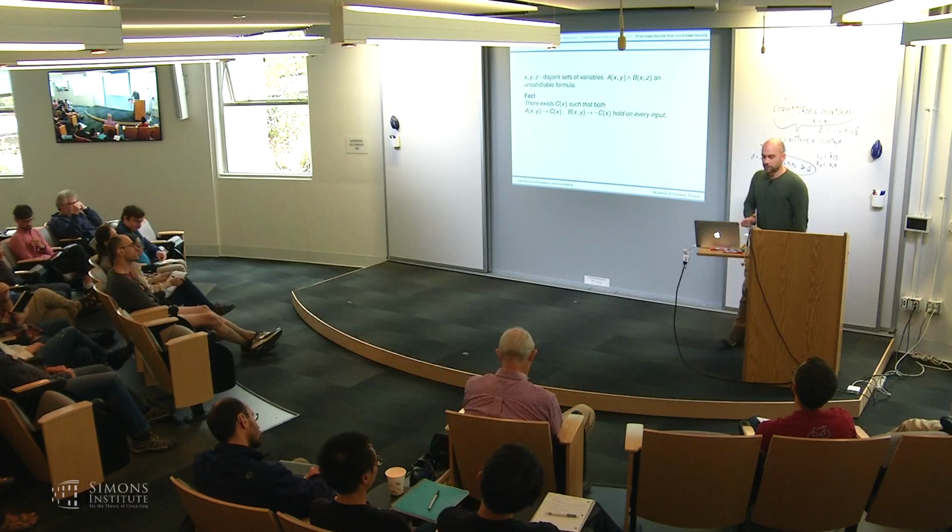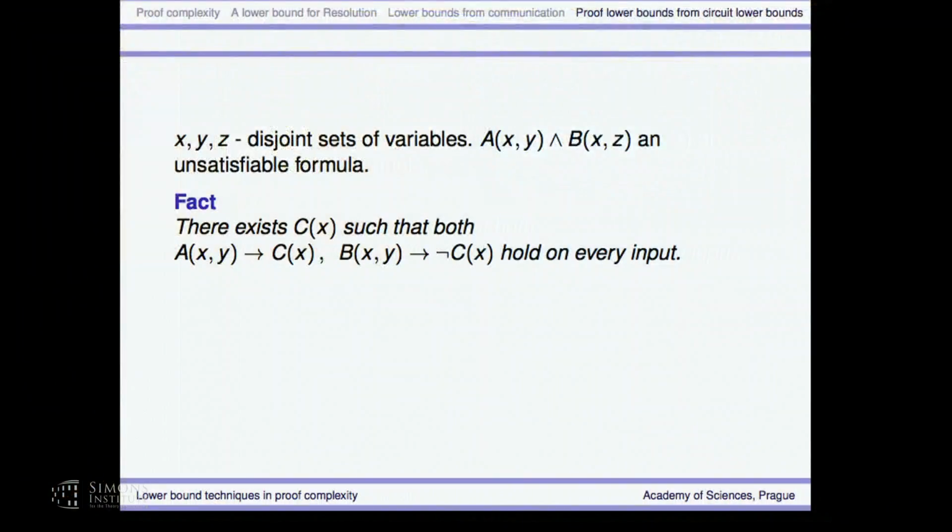Now, if A and B is unsatisfiable, then there exists a C such that the following holds. So A implies C and B implies not C. Okay?